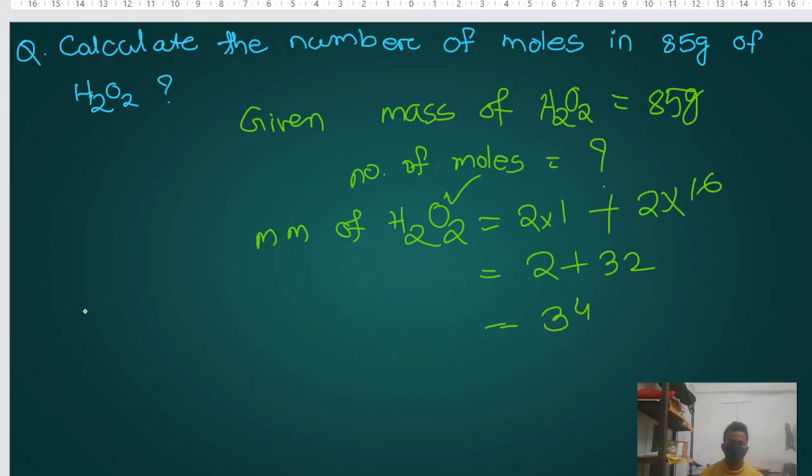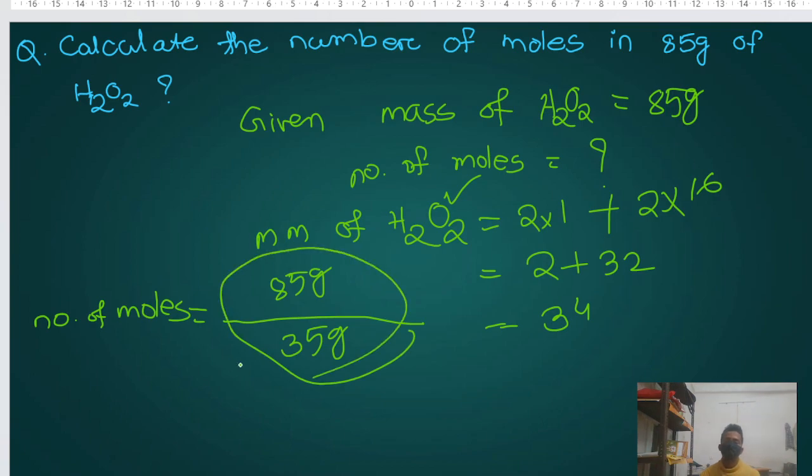Okay, for finding the number of moles, I can write here number of moles is equal to mass of that molecule, 85 gram, upon 34 gram. After simplifying, you can get the answer.